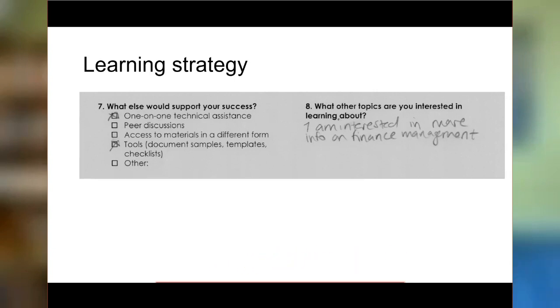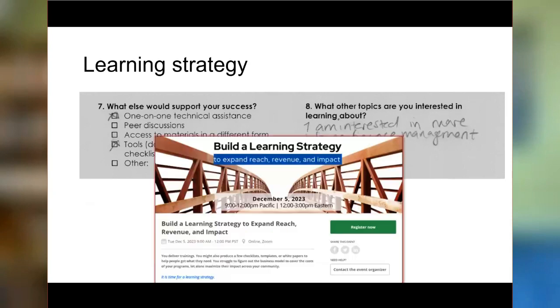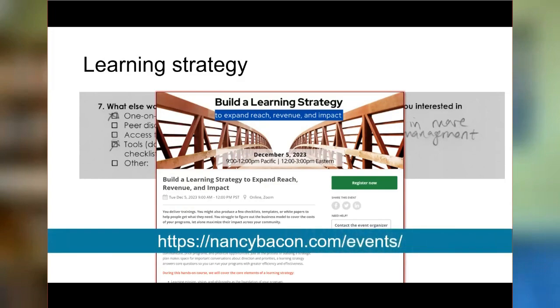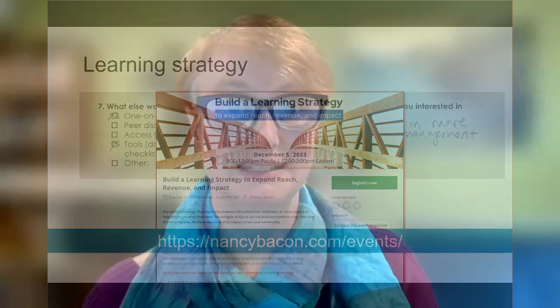Like any strategy, a learning strategy is simply the alignment of people, resources, and partners to move the needle on something. But the bottom line here is that we can ask in an evaluation what they need to take action on. And then we can start to chip away at that list and find ways to make that list happen.